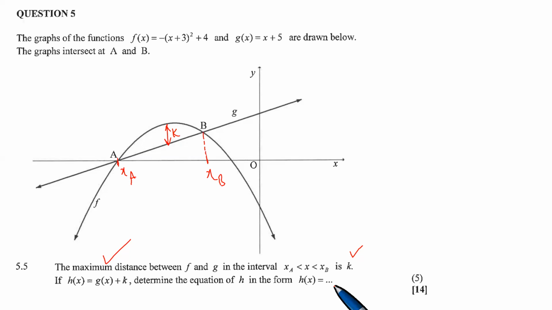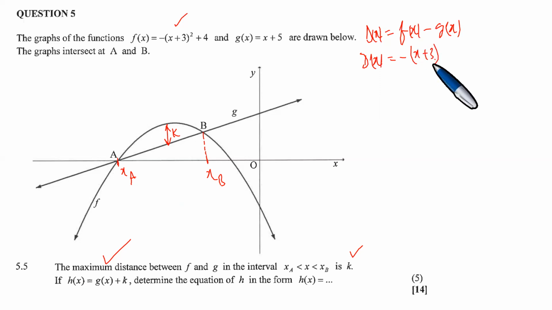Right, so we continue to solve this problem. But first things first, we realize the distance. So the distance is f of x minus g of x. And what is f of x? It's exactly this. So f of x is (x plus 3) squared plus 4 minus g of x, which is exactly x plus 5.